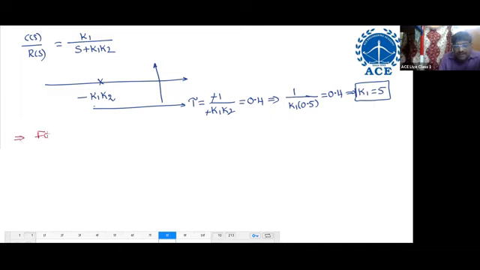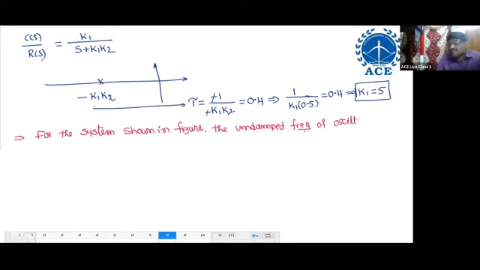For the system shown in figure, the undamped frequency of oscillations is 4 radians per second, and the damping ratio is 0.7.